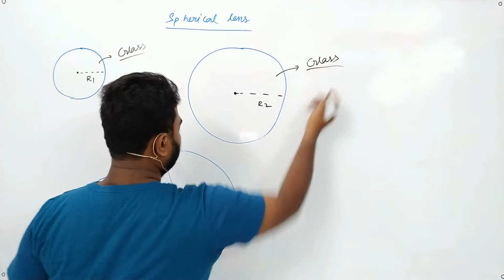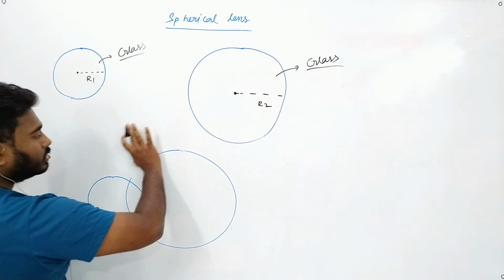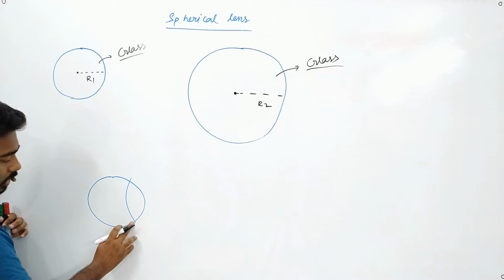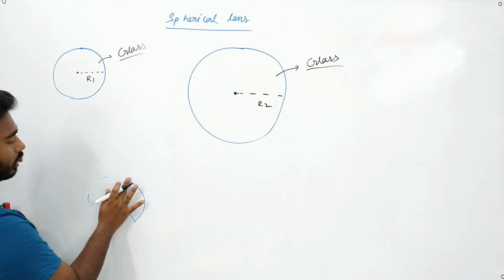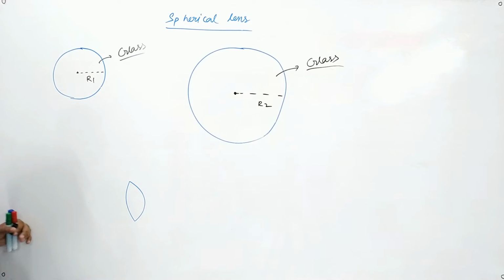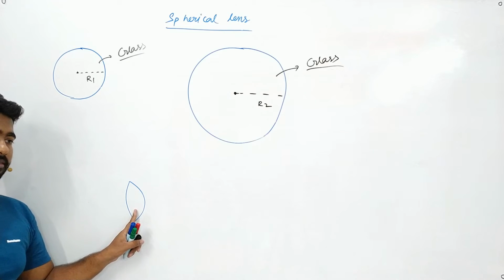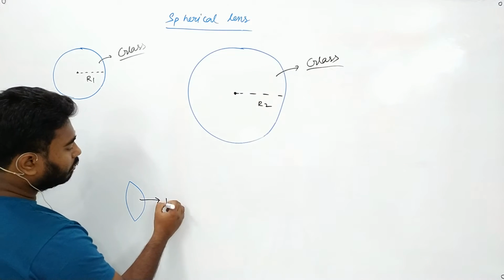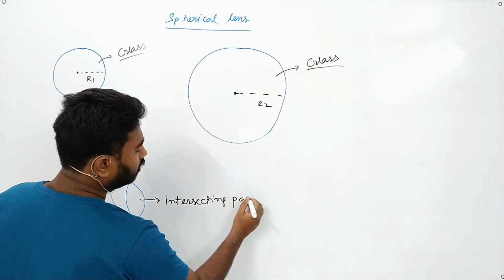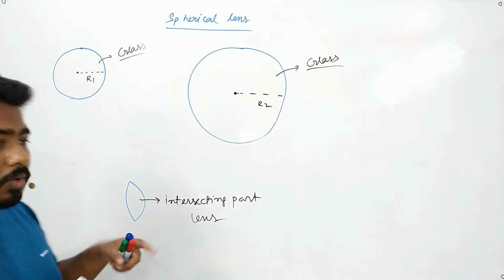If we mix both of them together, remove the other part of the spheres and keep only the intersecting part, this intersecting part is our lens.